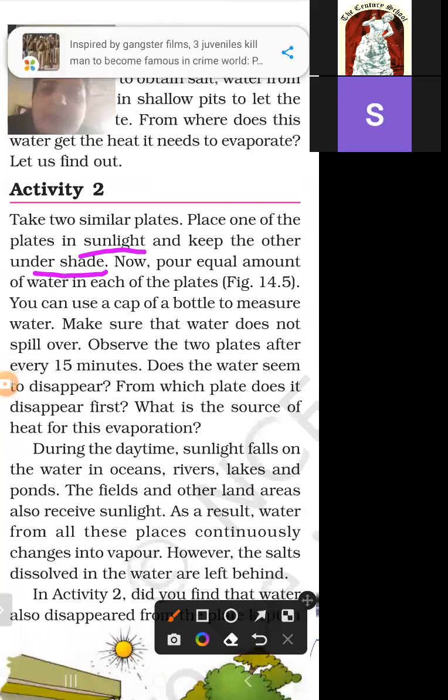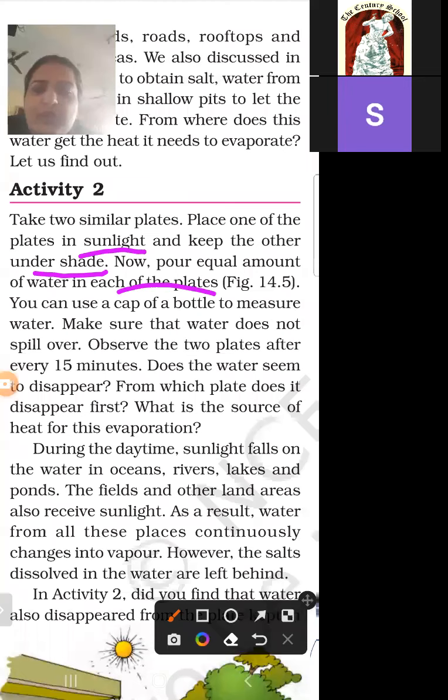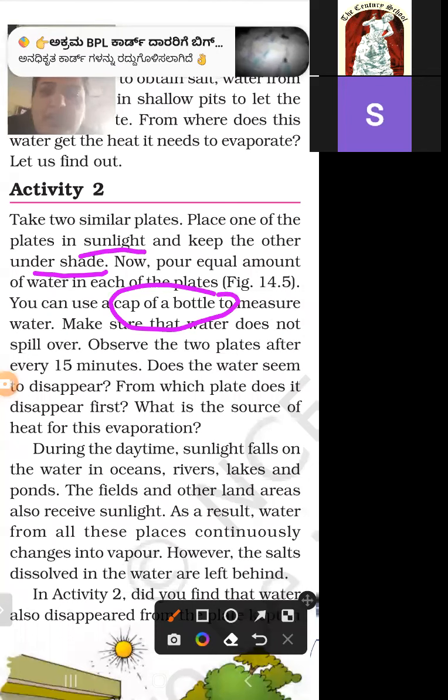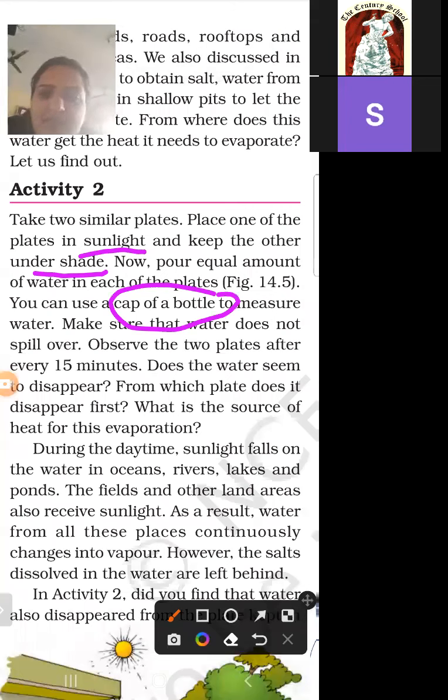You can use a cap of a bottle to measure water. Make sure that the water does not spill over. हमें याद रखना है कि पानी बिखरना नहीं चाहिए. Observe the two plates after 50 minutes. Does the water seem to disappear?